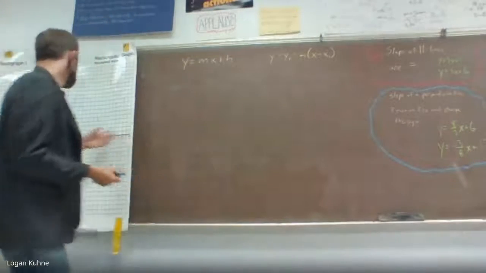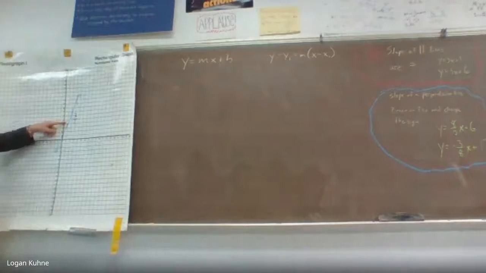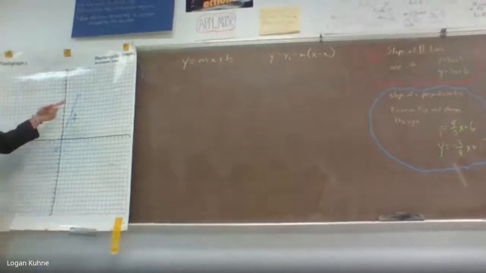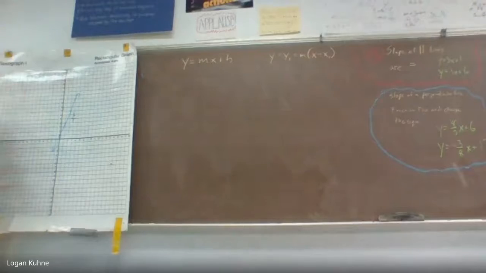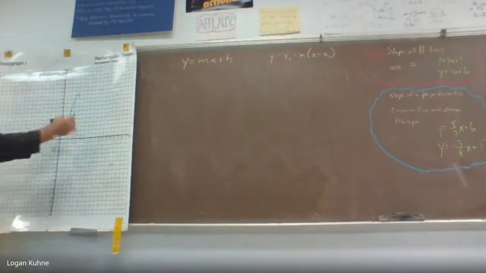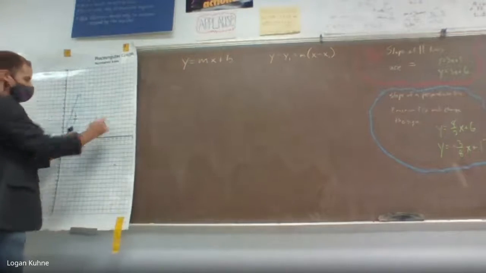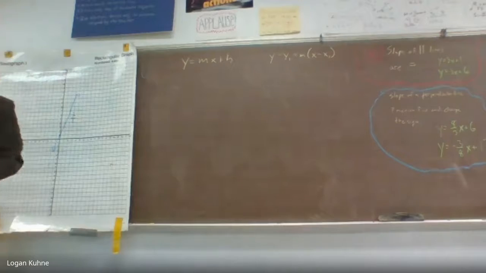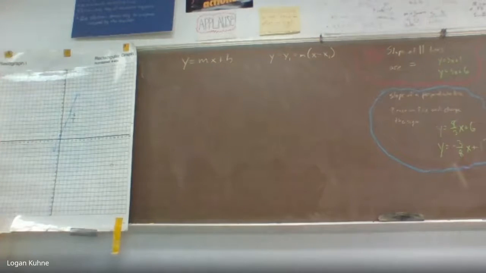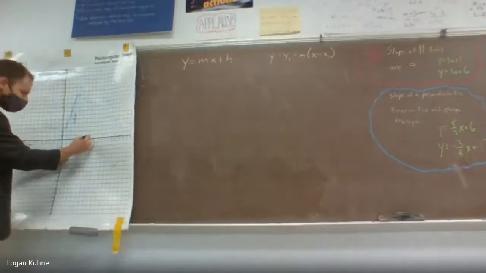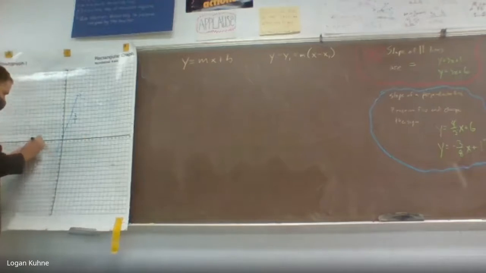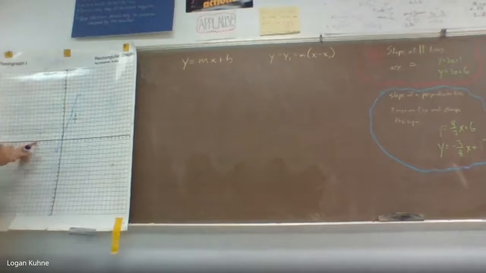If the slope of this is 3, what should my slope be for my perpendicular line? -1/3, right? So the slope is going to be -1/3. And what point are we going through? -6, 2. Okay, -6, 2 is right there, correct?